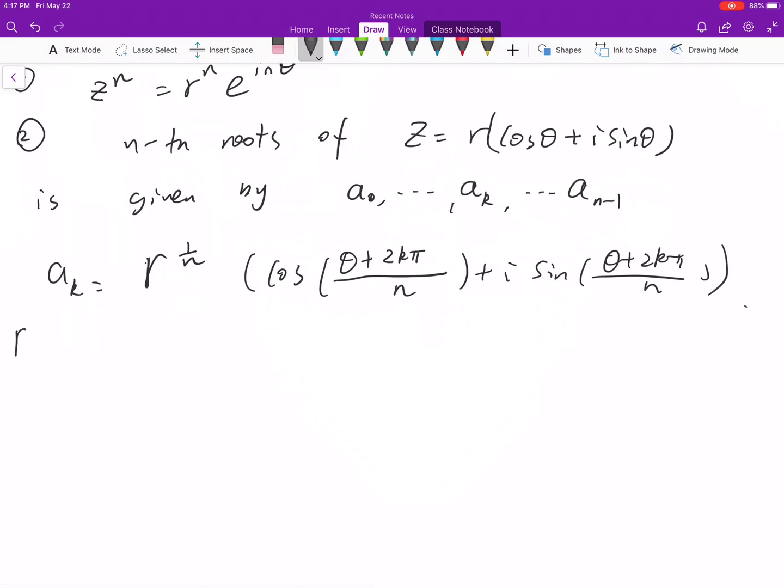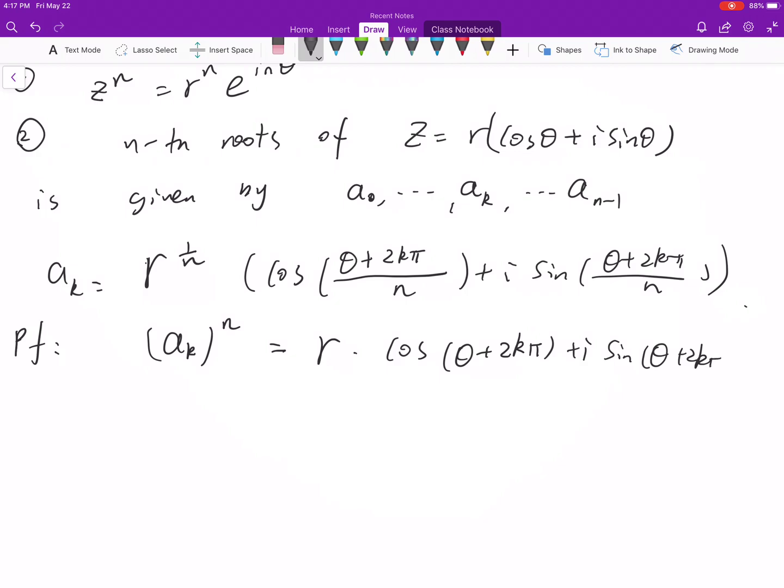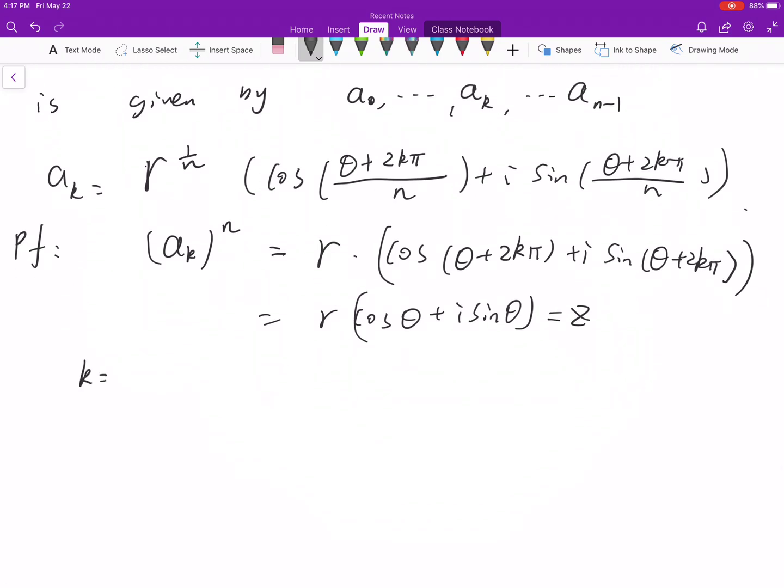Okay, so the first one is obvious. For the second one, we can check that a_k to the nth power is r times cosine (theta plus 2k pi) plus i sine (theta plus 2k pi). This is r cosine theta plus i sine theta, which is z, for all k from 0 to n minus 1.